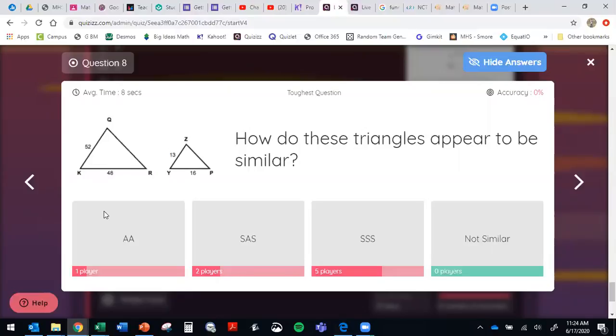So there's nothing there to tell us that they would be similar. In order for them to be similar, we need more information. So we can't say that they're similar at this point. Again, you'll get there, but know that that's something you'll definitely see in geometry. Any questions on that one?